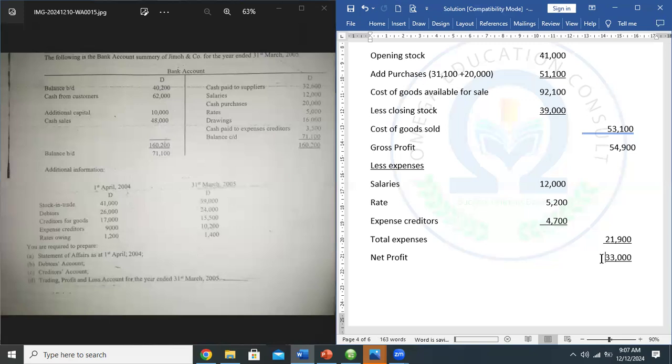Yeah, Professor. You see the expenses, the rate, and the creditors. Because there are calculations, is it compulsory to add it to your solution, or can you do it somewhere else?